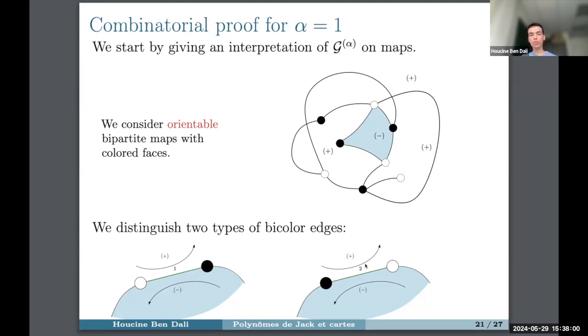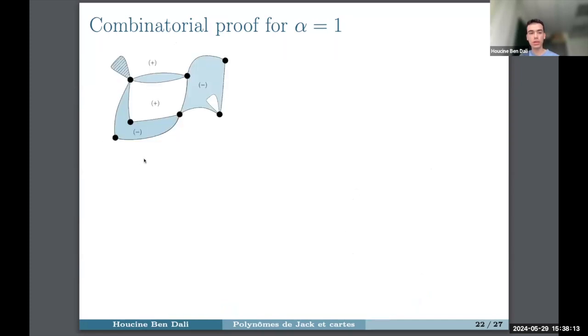So now the idea is that we have a combinatorial interpretation of the coefficients G in terms of hypermaps, and we try to understand them in this class of bipartite colored face maps. So we start with a hypermap with some colored faces of degree 1. So we want to interpret this using these bipartite colored face maps, except that for now we only have black vertices.